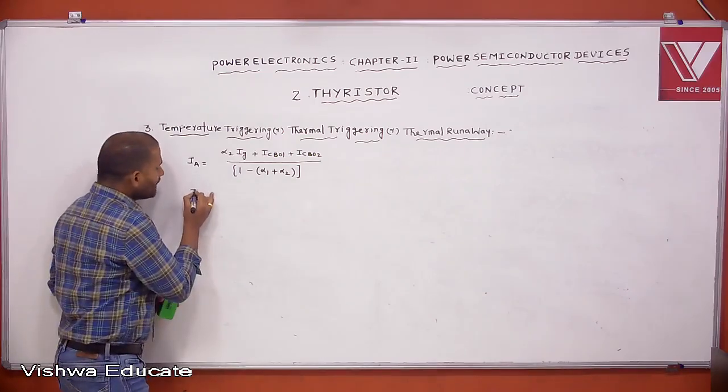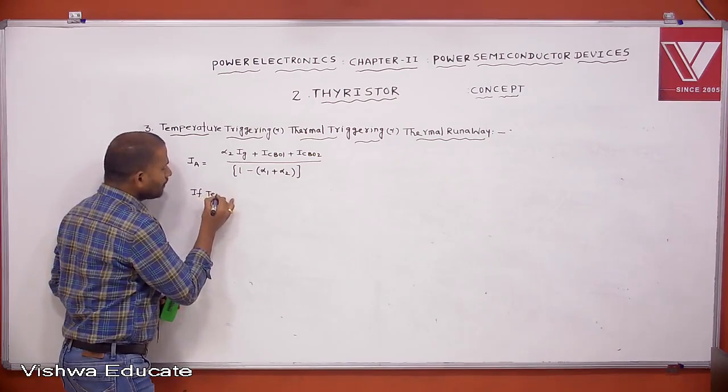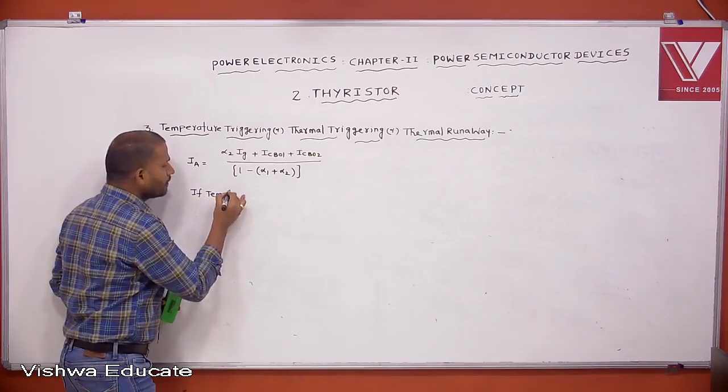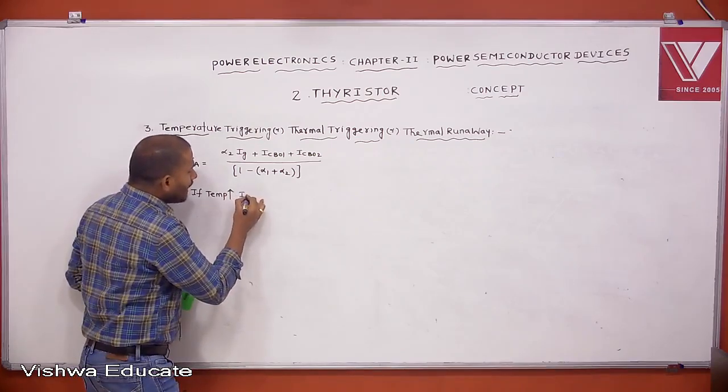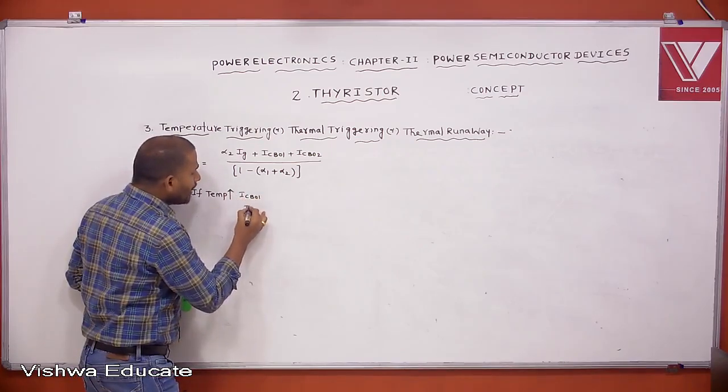If temperature is increased, then what happens to the leakage currents ICBO1 and ICBO2?